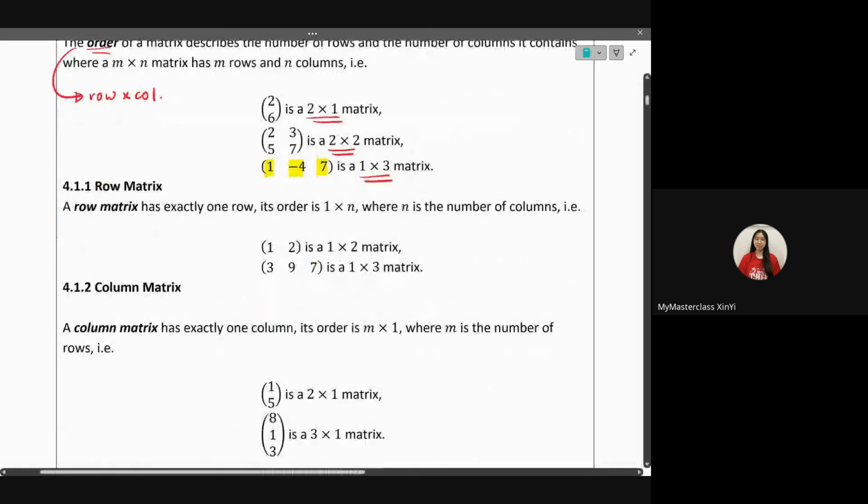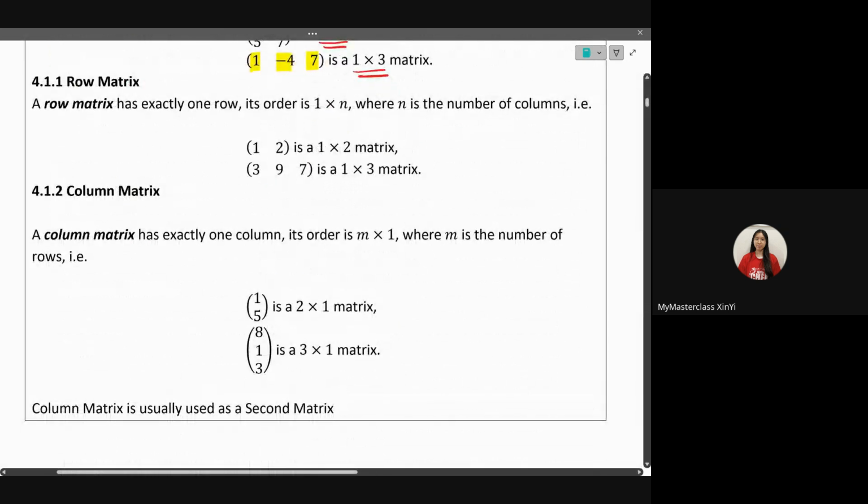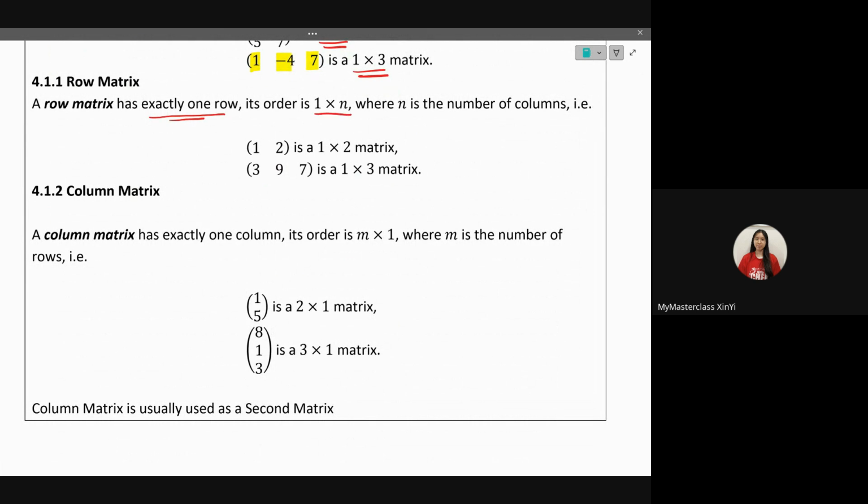A row matrix has exactly 1 row, so its order should be 1 times n, because it's always in the form of row times column. If we see numbers arranged horizontally like that, this is what we call a row matrix, a 1 by something matrix.